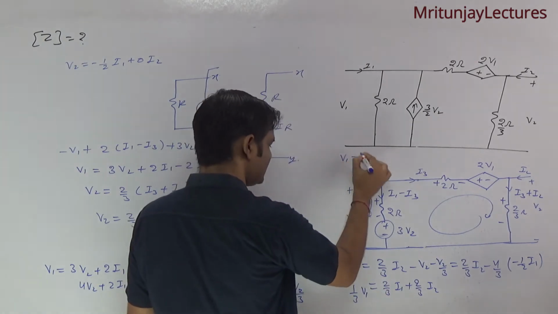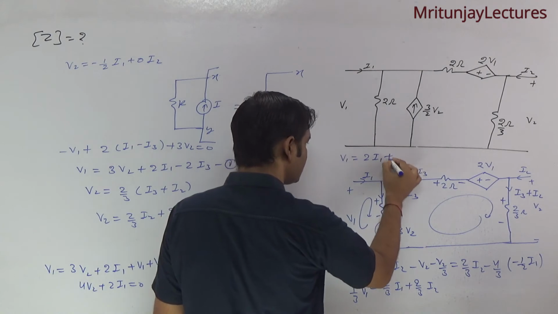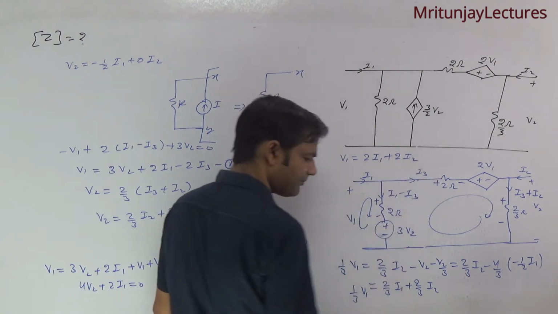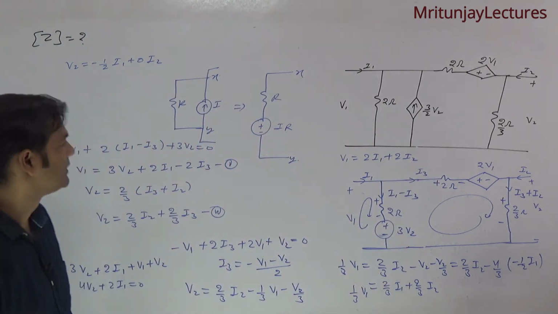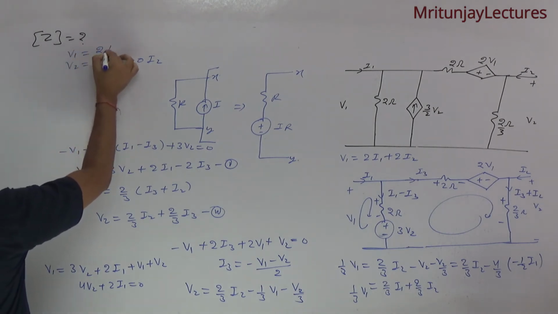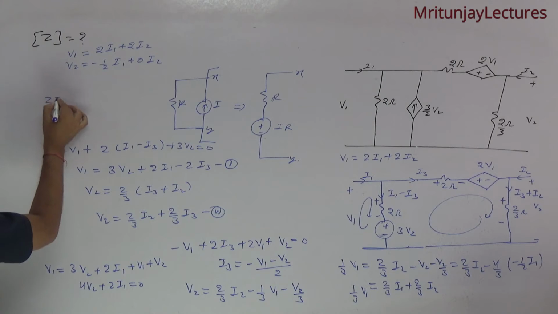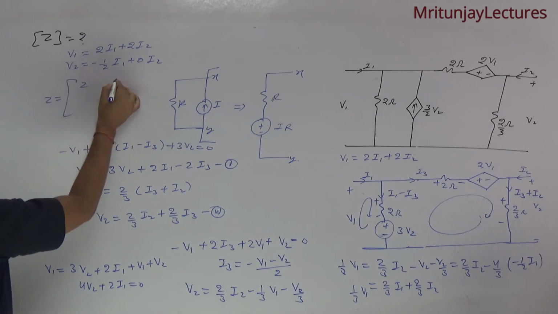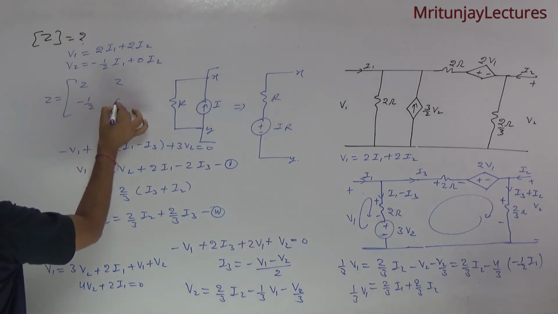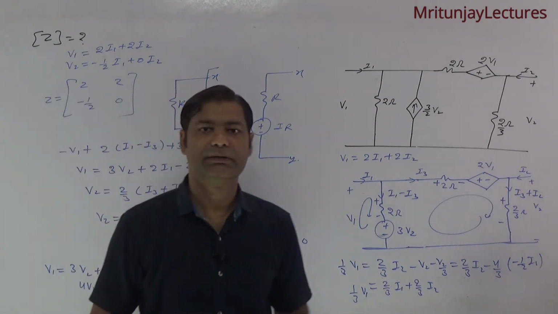So V1 is written as 2 I1 plus 2 I2. So what about the Z parameter? The Z parameter is 2, 2, minus 1 by 2 and 0. That is the Z parameter.